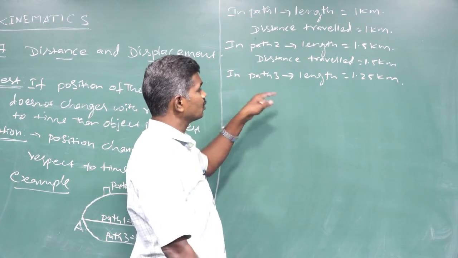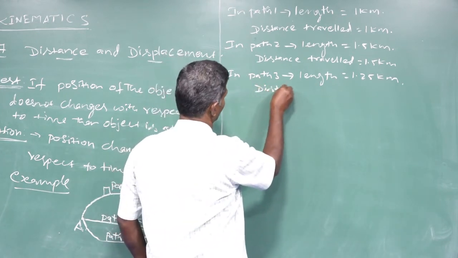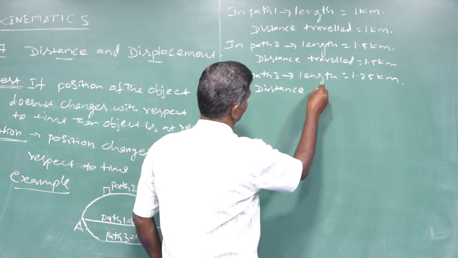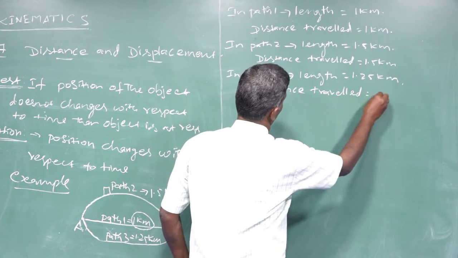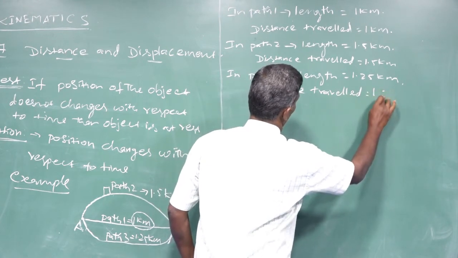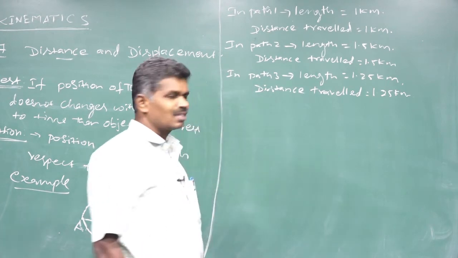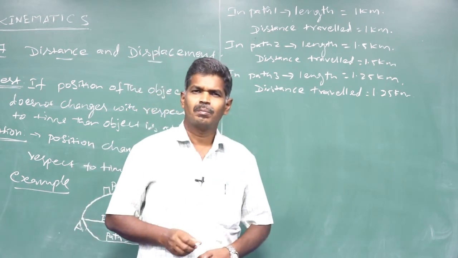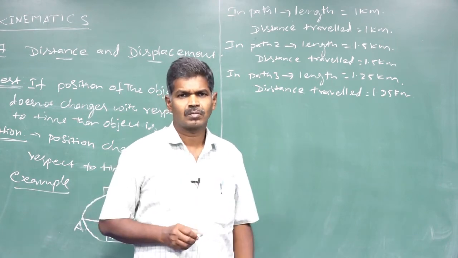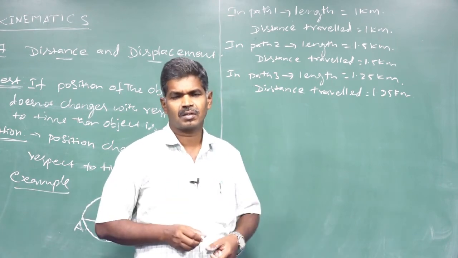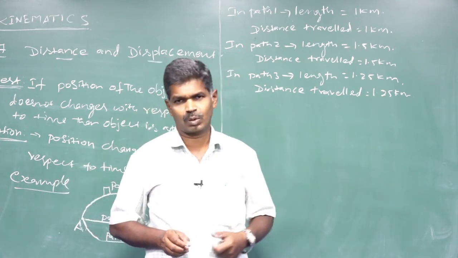If he moves in path 3, the distance traveled is that length. So the distance traveled between the two points may vary, because the path varies, which means the length of the path is varying, and then the distance traveled also varies.